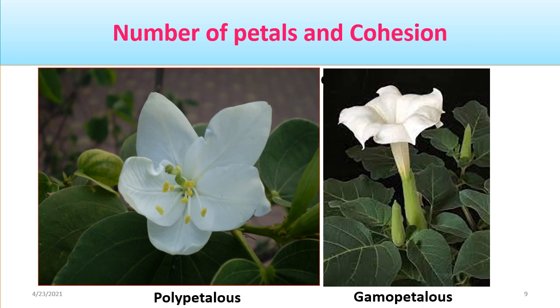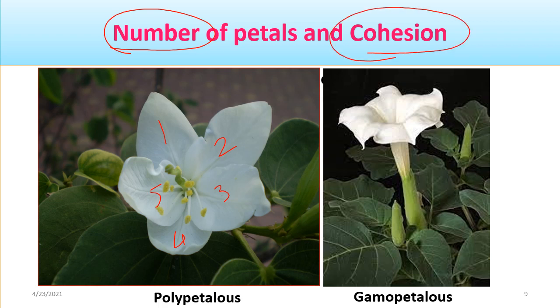If you see the number of petals and its cohesion, these are the characteristics we see. Number means simply count how many petals are there. So if we are counting here the number, that is 1, 2, 3, 4 and 5, and another is cohesion.